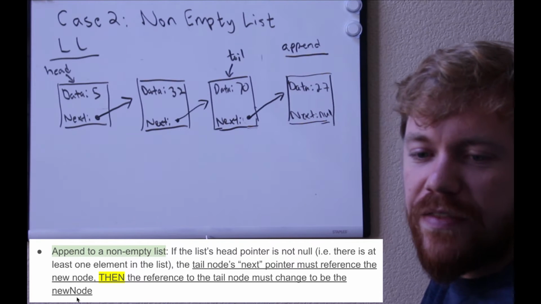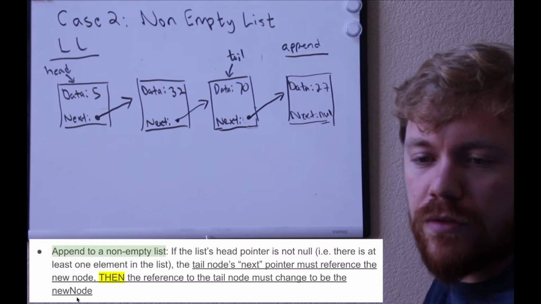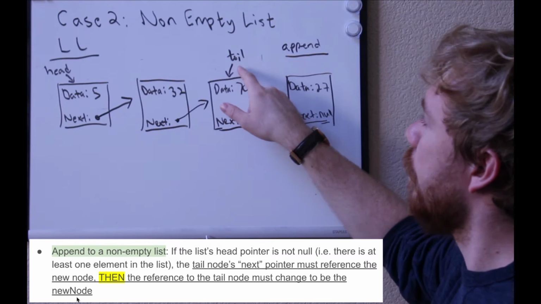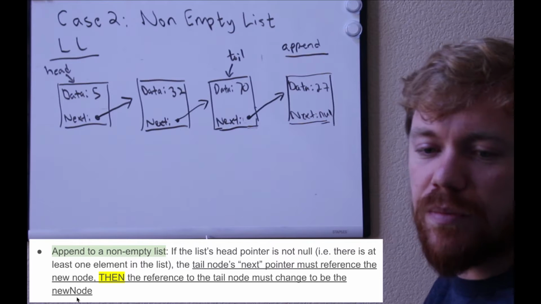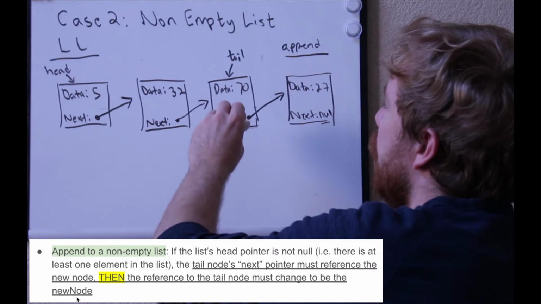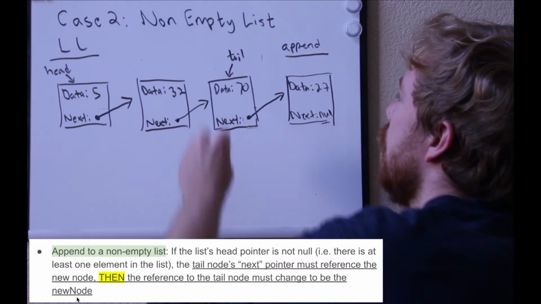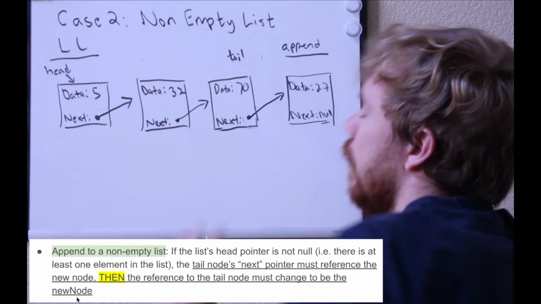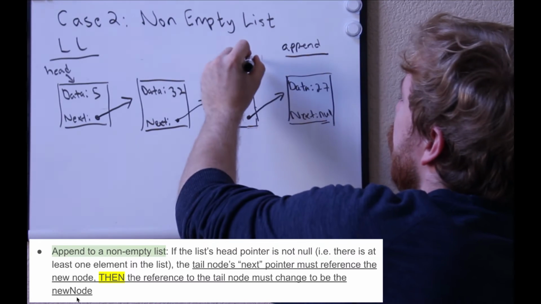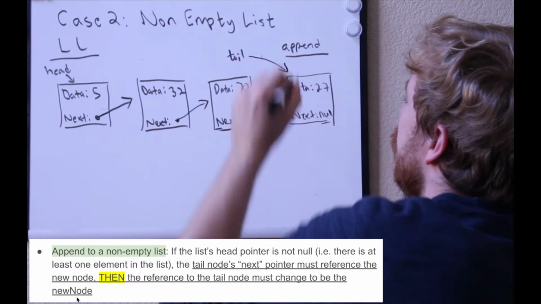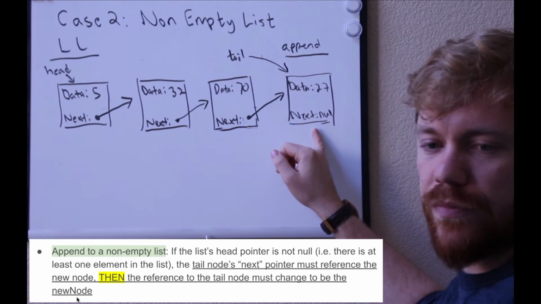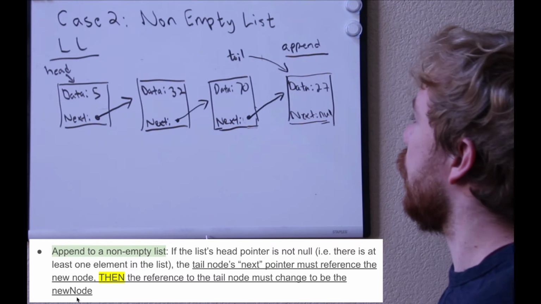Then the next step says, then the reference to the tail node, this guy, must change to be the new node. So in our case, we're basically using arrows to represent referencing. So let's erase the current arrow and give it a new arrow to reference the new node. Here. And now everything works, right?